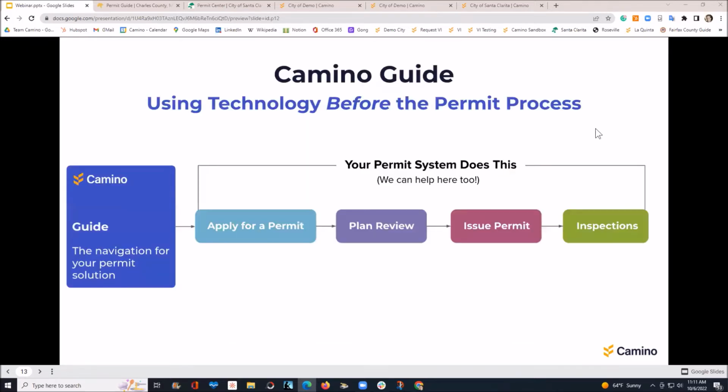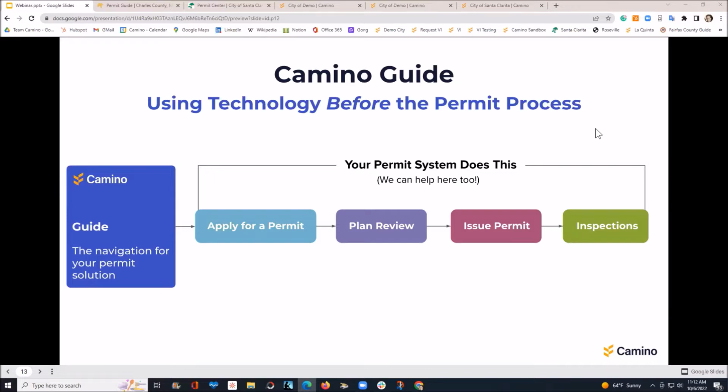So the guide itself is an information-only tool, or service, that is replacing the manual pulling of PDF documents and scribbling on sheets of paper. And it's a standalone system outside your permit system, so there really isn't a need for integration with whatever permit system you have.